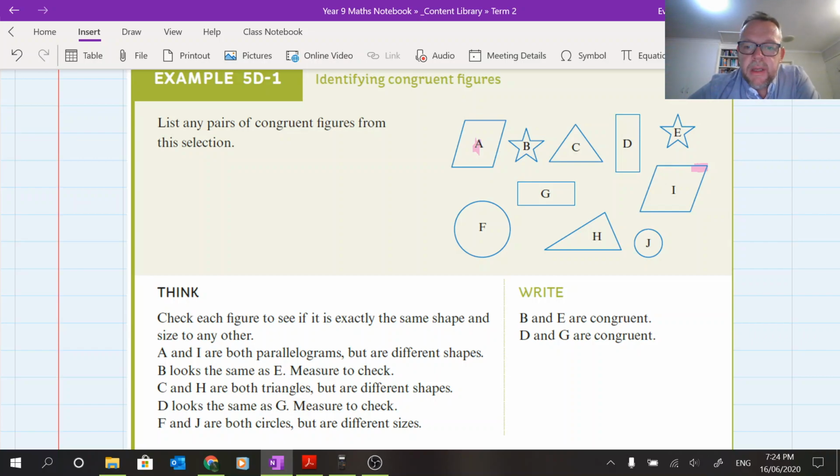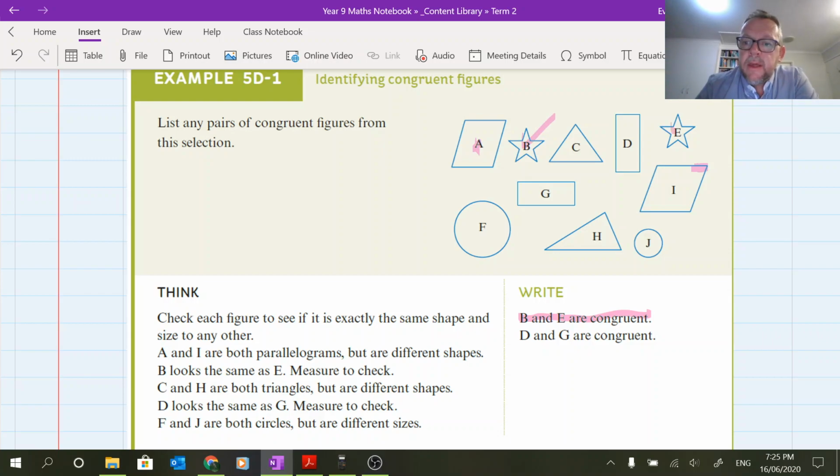Now, let's look at B. B and E are both pentagrams, so penta for 5 and gram for star, so they're 5-pointed stars. Now we'd have to expect them to be the same size and the same angles in them, and they look like that. So we could expect to see that B and E are congruent.